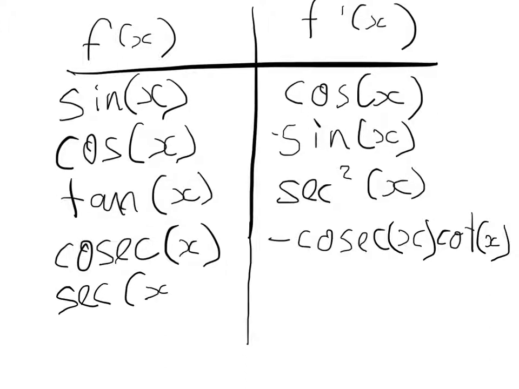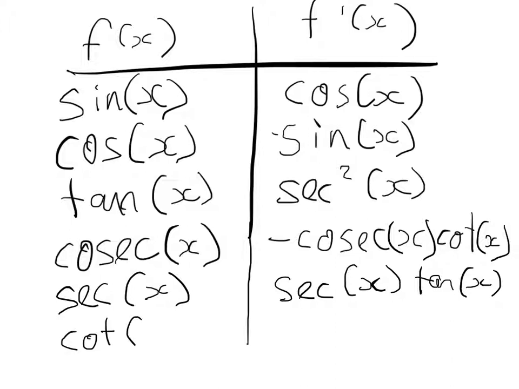Secant of x becomes secant of x tan of x, and then cotan of x becomes negative cosec squared of x.